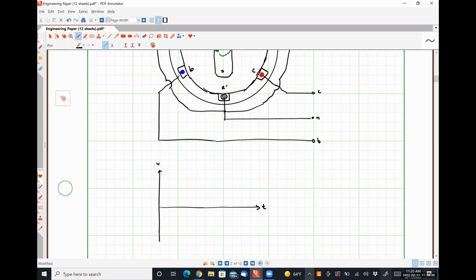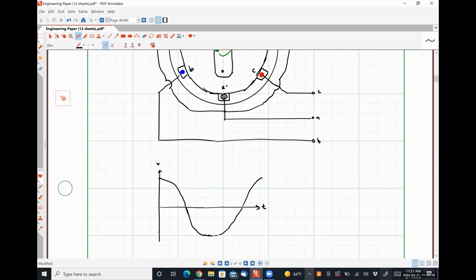And let's say that time at t equal to 0 corresponds with when the north pole of that magnet is lined up with A. So that I'm going to get something like this. This is a pretty crappy looking sinusoid, but I'm doing my best, I promise.